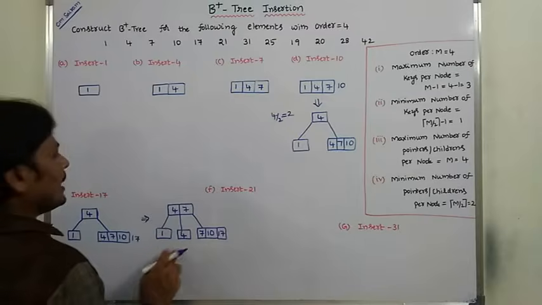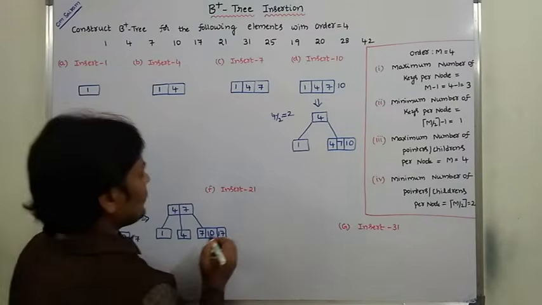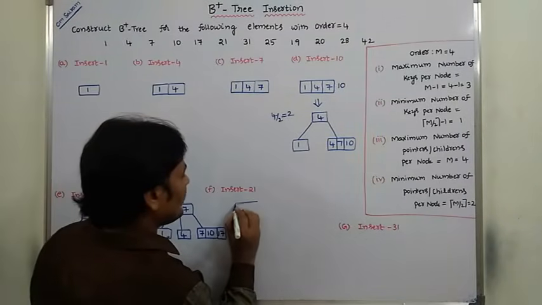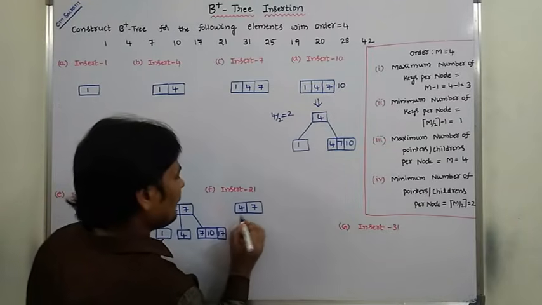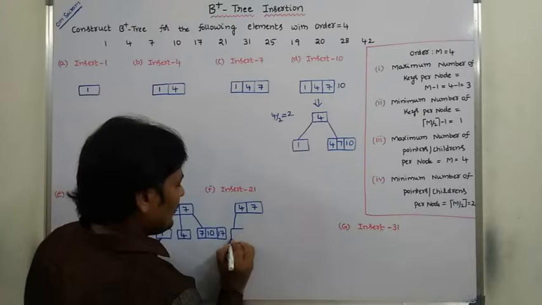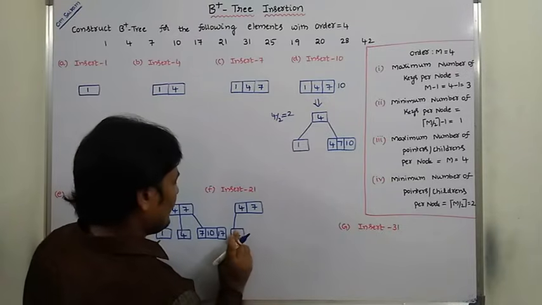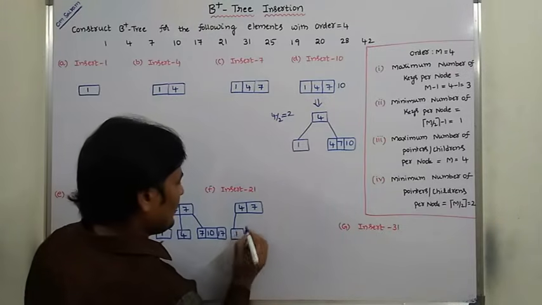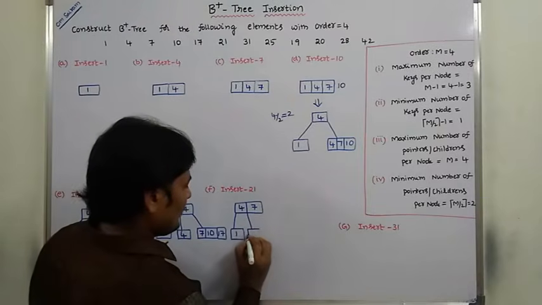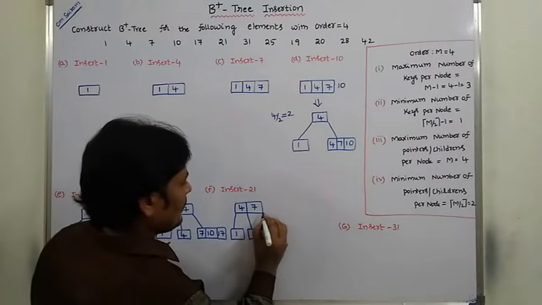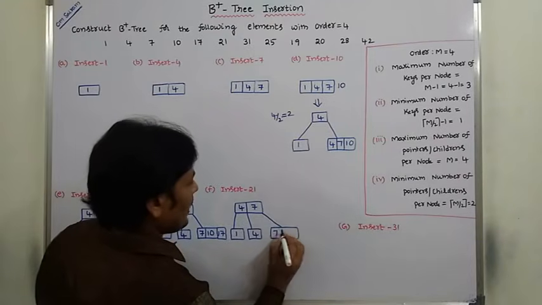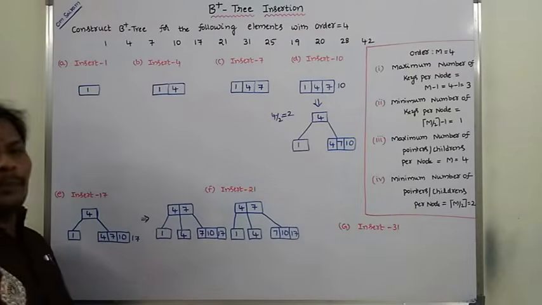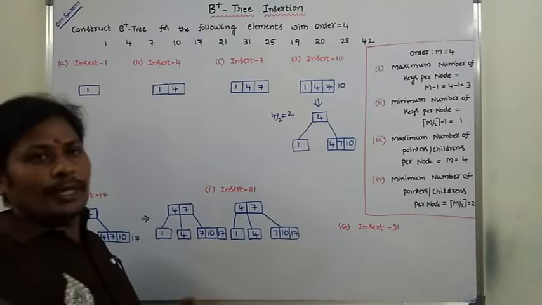So next insert 21. Before inserting 21, this is the B plus tree we are getting. 7, 10, 17. This is the B plus tree before inserting 21.